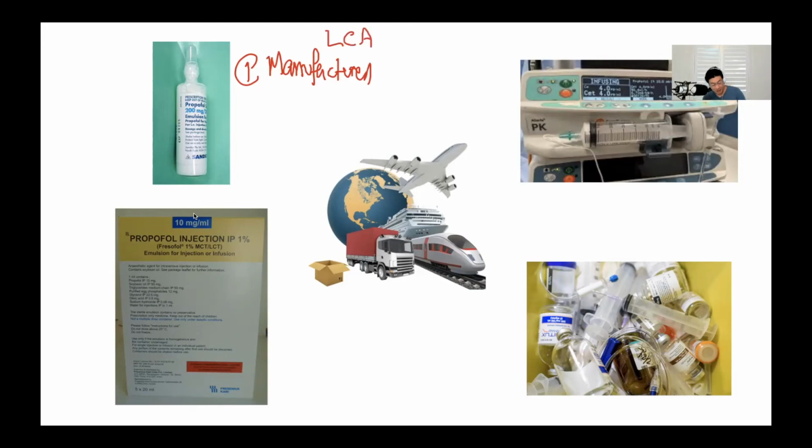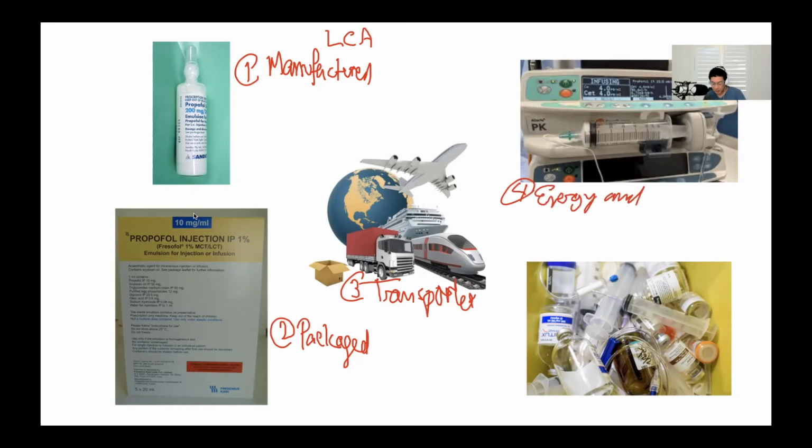It needs to be manufactured first, and then after that, it needs to be packaged. And then after that, it needs to be transported to your hospital. And after you transport it to your hospital and you want to use it, you need to think about the energy and materials required for drug delivery.